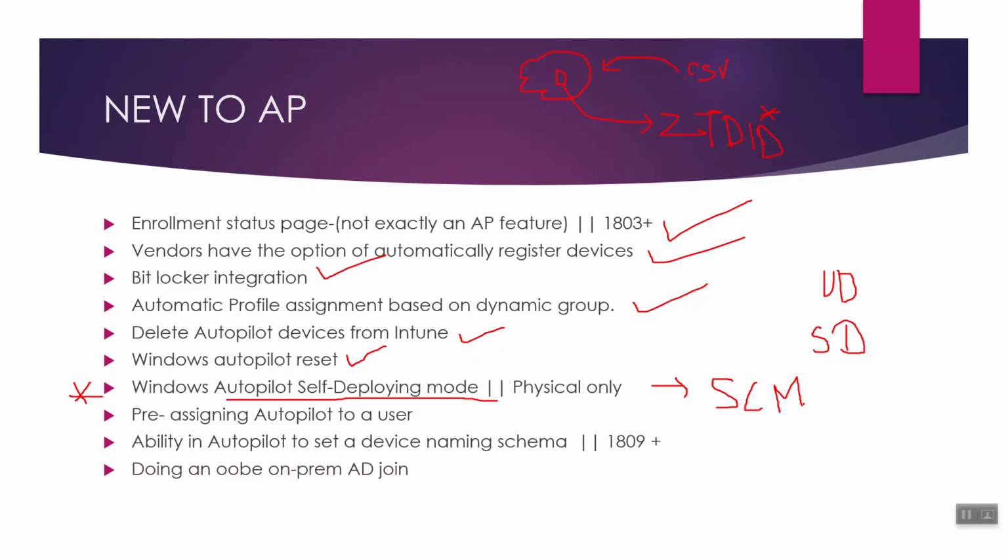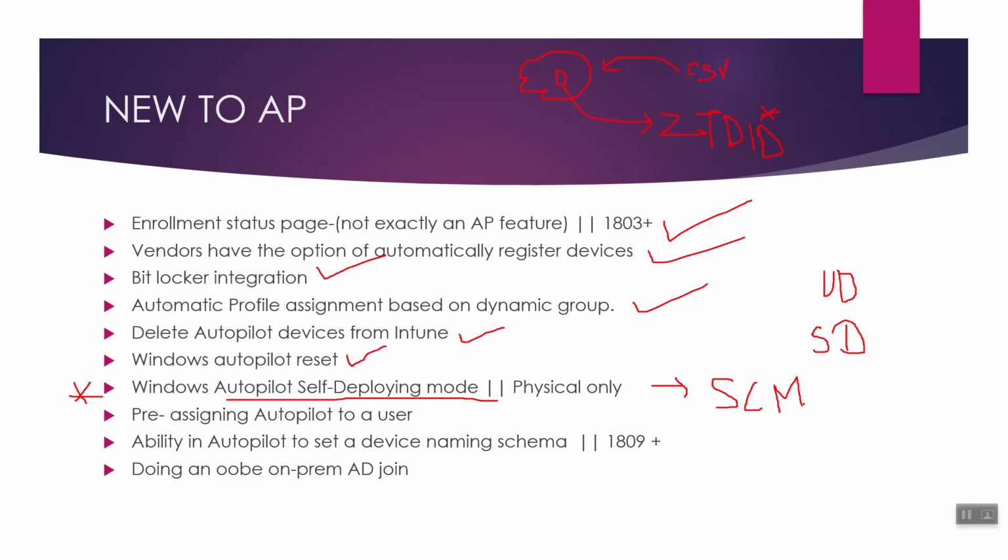Okay, we will see how exactly the self-deploying mode works from the portal. Unfortunately, self-deploying mode is still in preview, and I would not be able to demonstrate this in my demo lab.